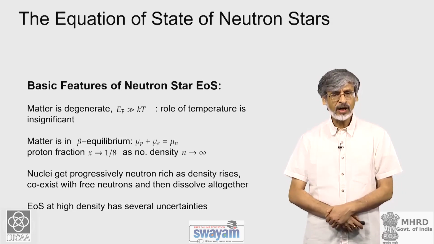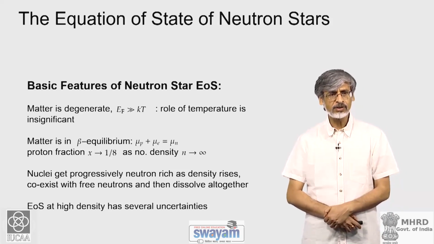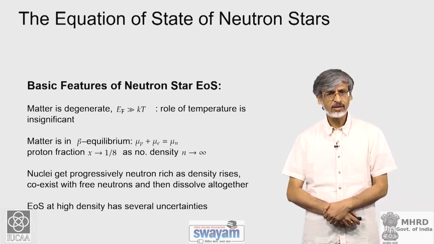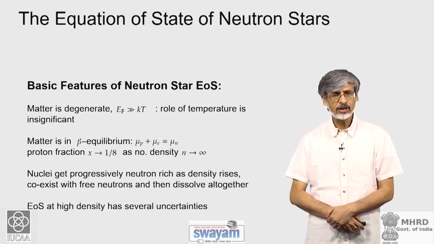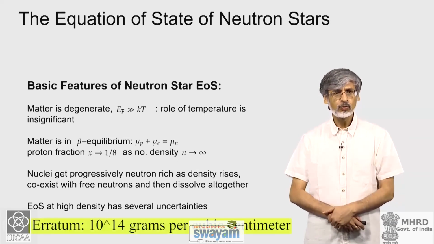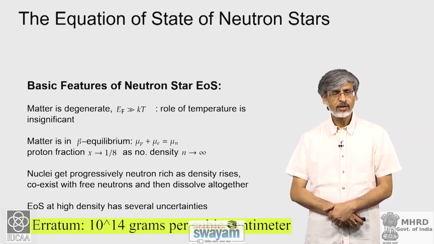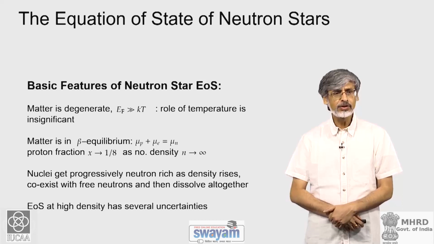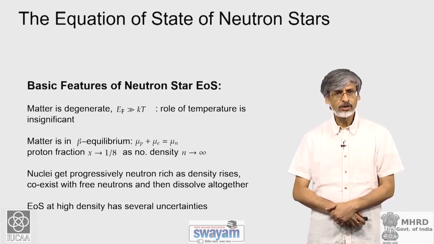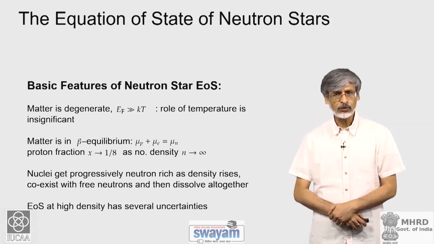As one moves to higher and higher densities, the fraction of neutrons in the free phase, the fraction of dripped neutrons, keeps increasing. When one reaches nuclear density, which is about 2.4 times 10 to the power of 14 grams per cubic centimeter, the nuclei then cease to exist and dissolve altogether into free neutron, proton, electron matter.